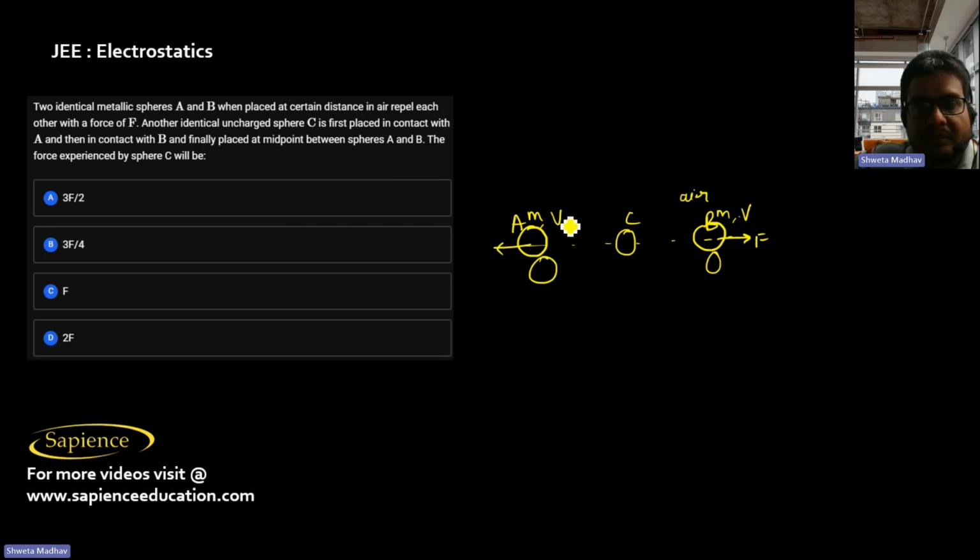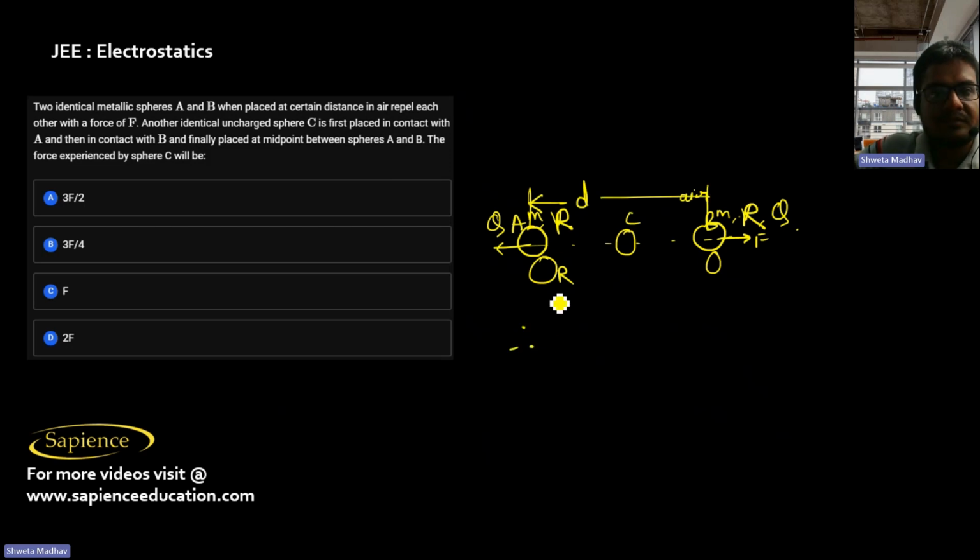So they are identical, which means their radius will be the same. Here we can say that both are having, suppose, charge Q also, and suppose they are placed at distance d between them.